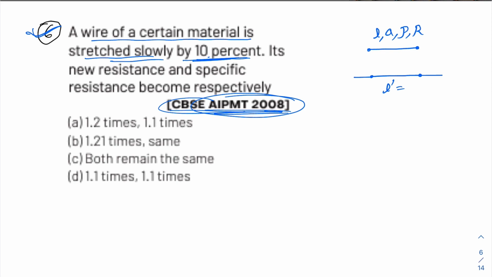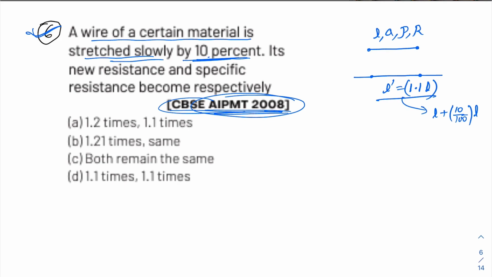If there is L, then it will be 1.1 L. How do we get 1.1 L? First is L, then increased by 10% means 10 by 100 into L.